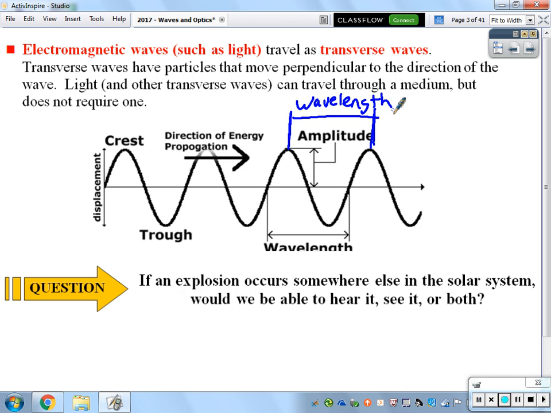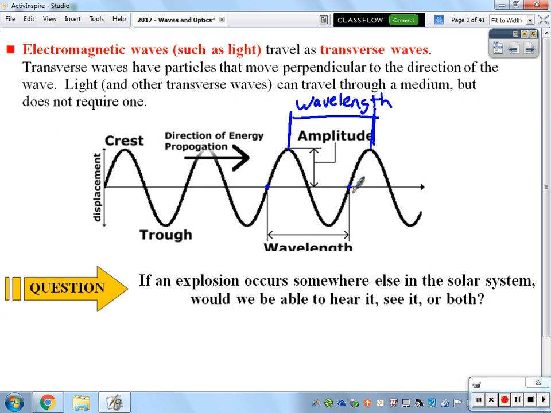Now, yes, the textbook definition of wavelength is the length of a wave, but how specifically are we going to measure that? We are measuring repeating points on the wave, and it must go through one entire cycle. So, if we were to start here, it would go up to the crest, then all the way back down to the trough, then back up to the rest position over here.